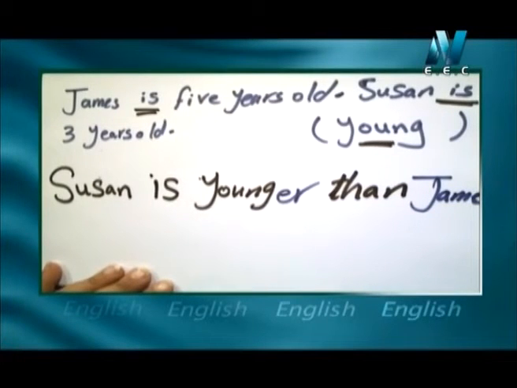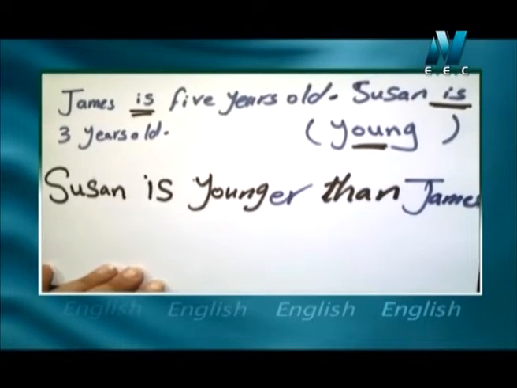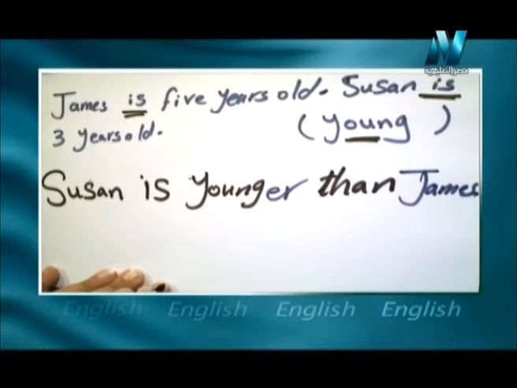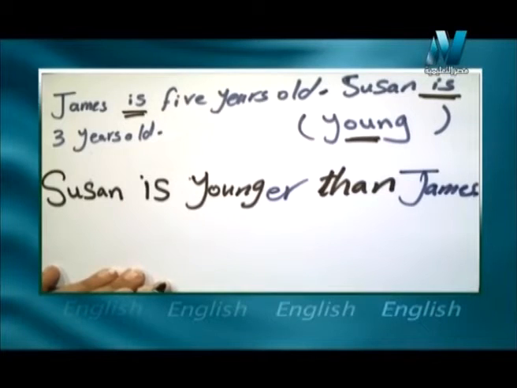Susan is younger than James. Susan is smaller than James. Susan is younger than James. Okay. This is the case if I have the short adjective. The adjective, the word I will write, it's a short word.